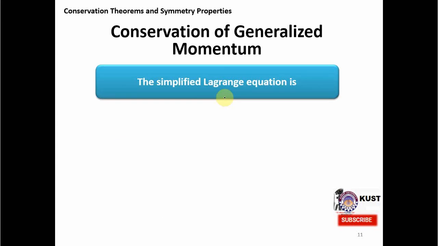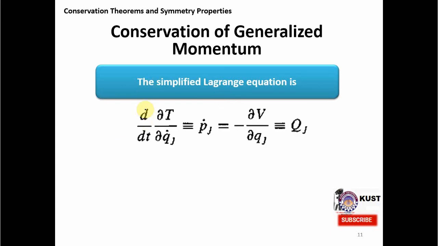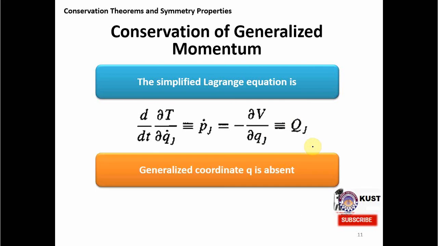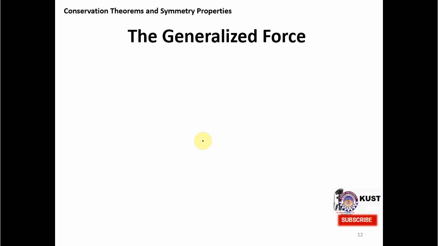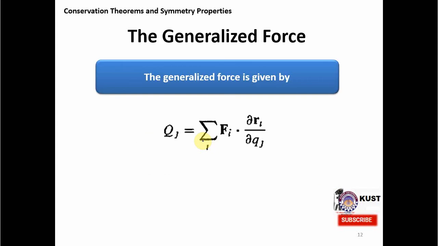So the simplified Lagrange equation in this case will be, as you can see, d by dt of del T by del q dot, which by definition is p dot j, is equal to the differential of V with respect to q, and this capital Q we call a generalized force. So generalized coordinate q is absent in this case, and what we get is the generalized force.